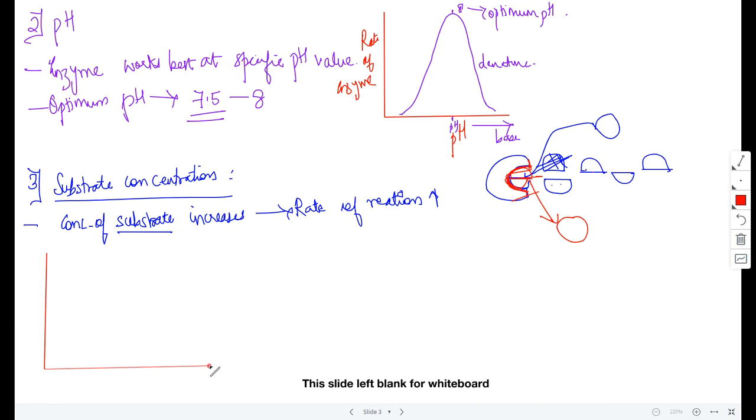Again, a graphical representation. It will be this way, where here you have the rate of enzyme and here the substrate concentration.